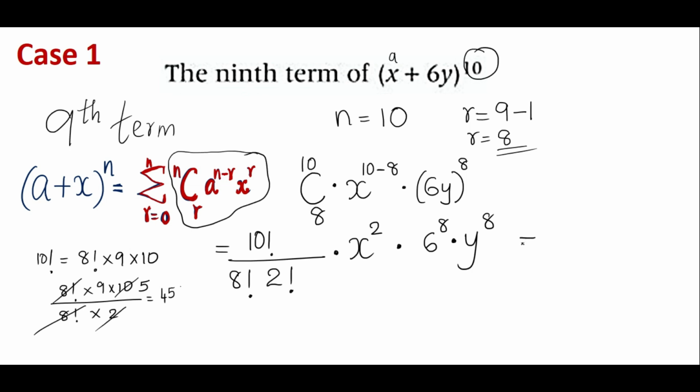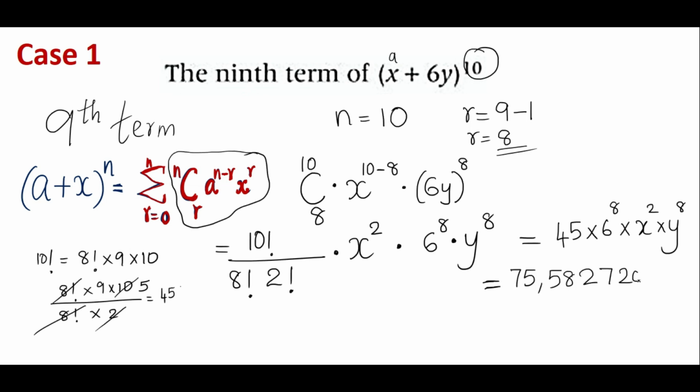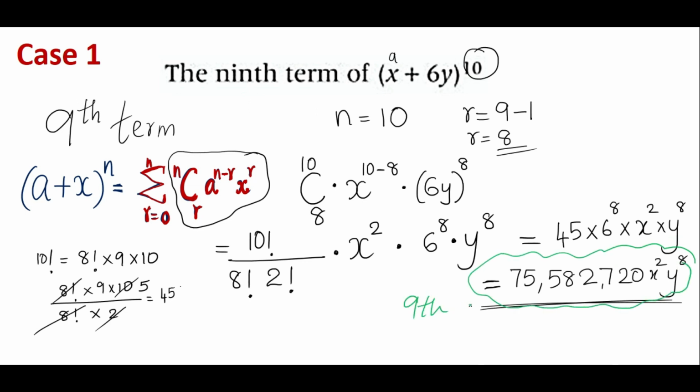So this is equal to 45 times 6 to the power 8 times x squared y to the power 8. You can use your calculator to find the answer for this. So this is the final answer for the ninth term in the expansion.